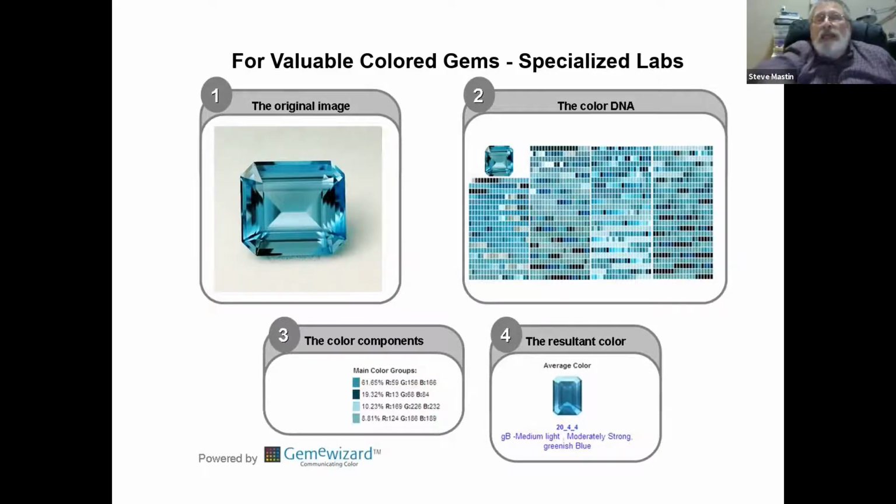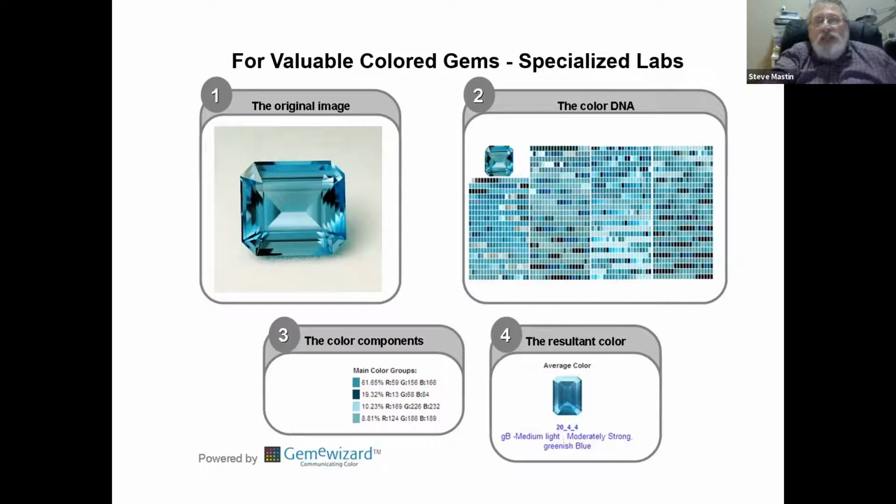And that scanning instrument looks at all of these different pixels across the face of that gem and assigns a digital color to them, just like you can do on your computer at home. And it gets this full picture of every single part of that gem down to the gnat's ass. And it produces a report like the one at the lower left.